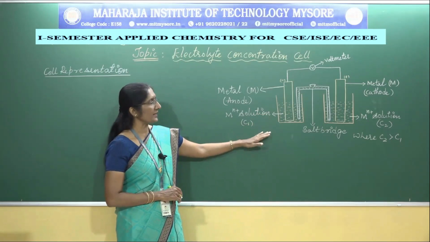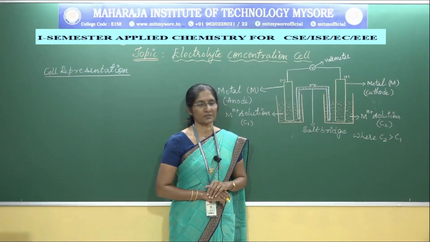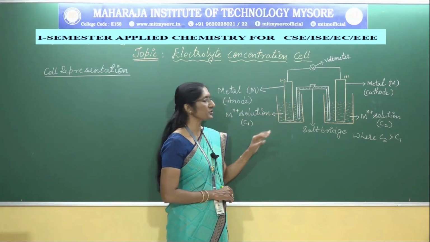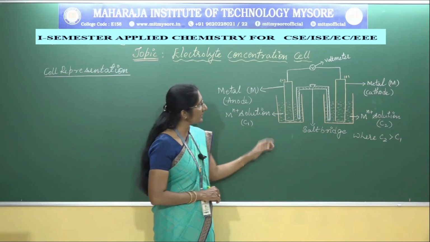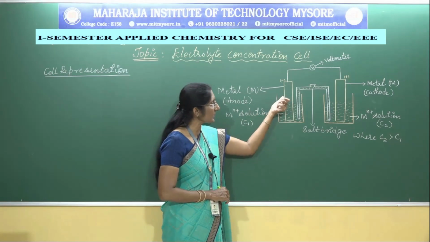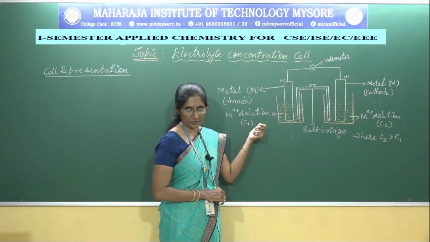Observe this diagram. This is the general representation of an electrolyte concentration cell. The metal, here considered as M, is in contact with the solution of its own ions, that is, M^n+ solution.